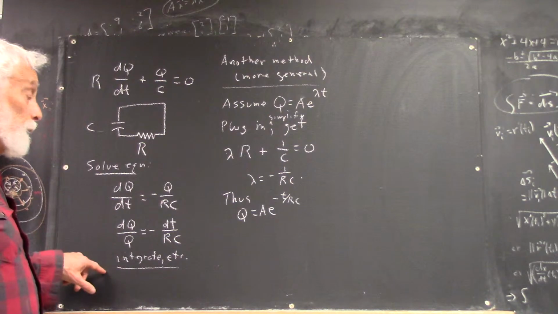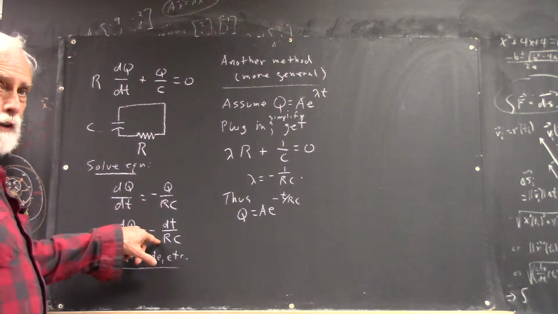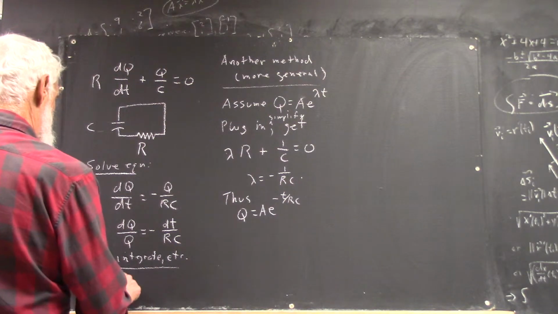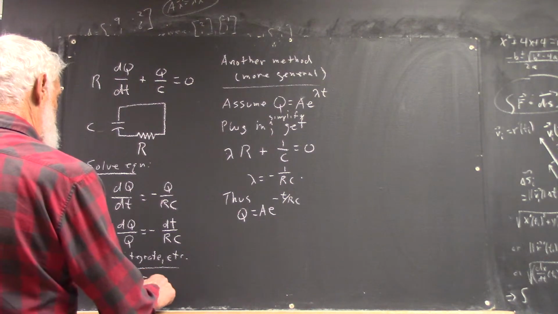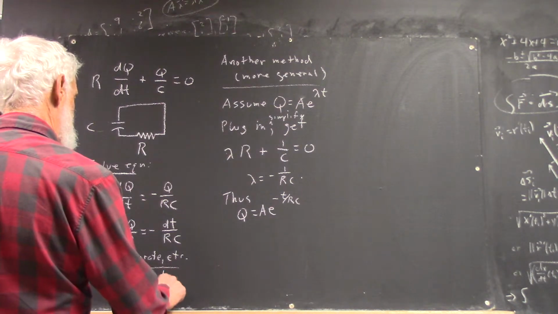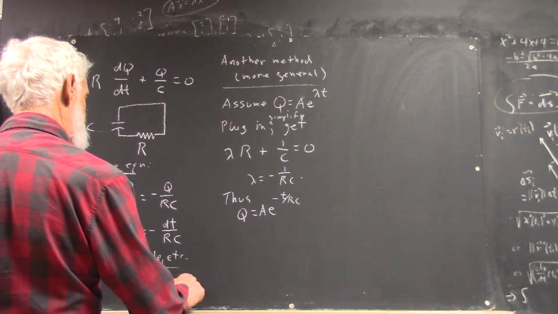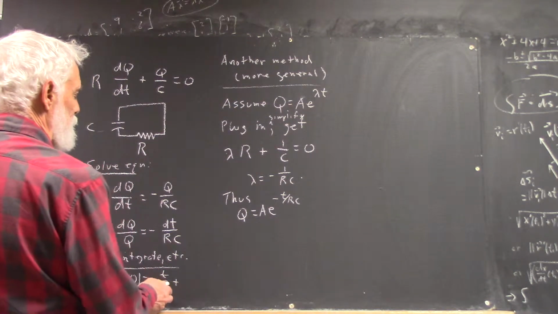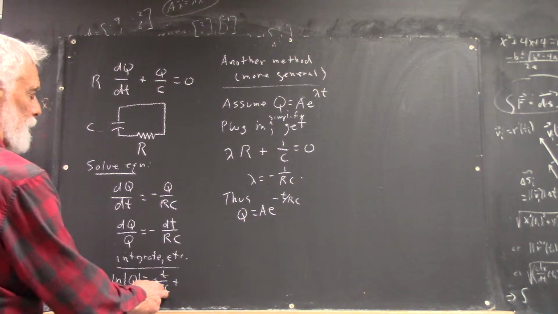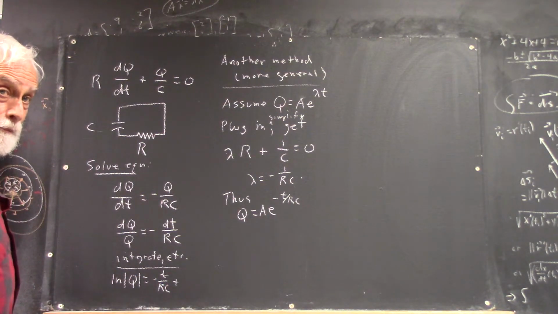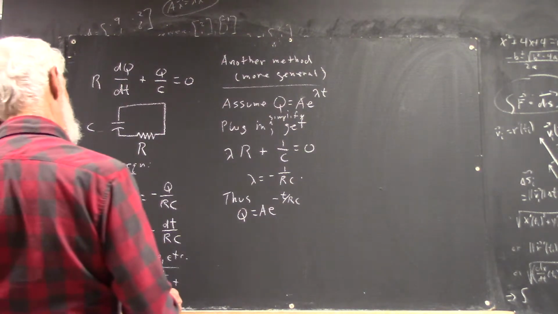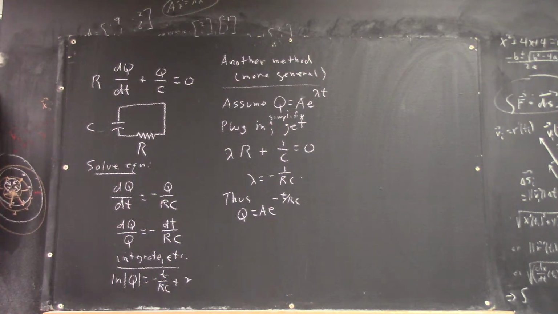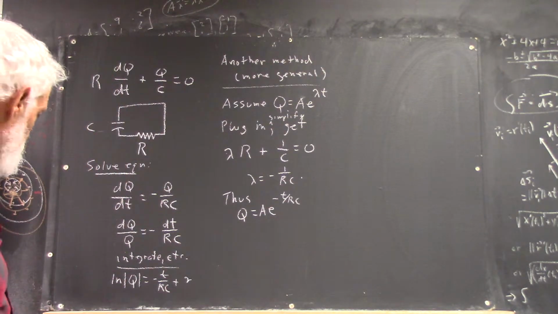Okay, anyhow, you integrate this. Well, if you do the details of this, you end up with the same thing. You get natural log of the absolute value of Q equals negative t over RC plus a constant. And I don't want to use C because even if I write it small, it's going to get confused with the big C. Don't want to use K, so I'm going to use, oh, what the heck, gamma, although that has implications for stuff Elam's doing.